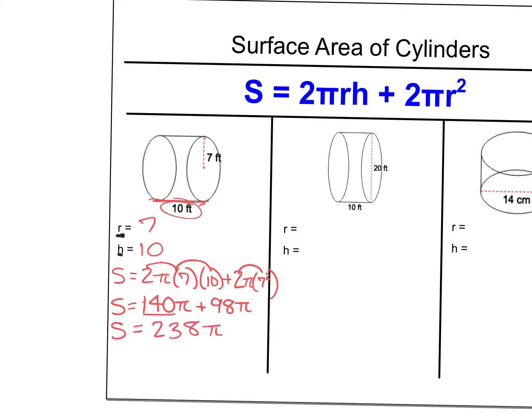So we just added the 140 and the 98 to get 238. Last step, I'm going to take the 238 and I'm going to multiply that with pi. So you can either use the pi button or 3.14, and you will end up with roughly 747.7.